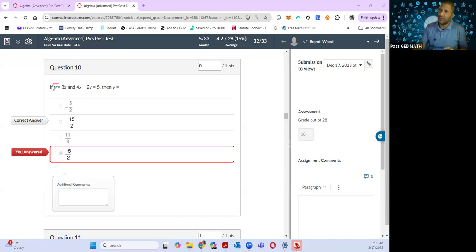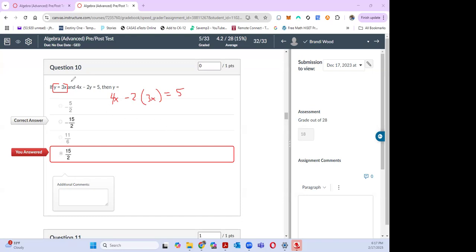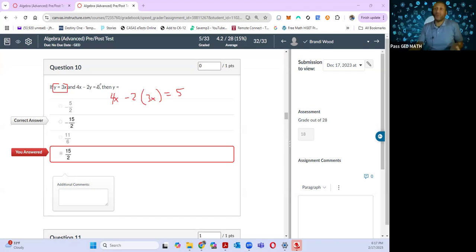They're telling you that y equals 3x. So everywhere I see y, I'm going to put 3x. So 4x minus 2 times y, so y is 3x, equals 5. Understand that? So all we do is substitute. Everywhere we see y, we can put 3x. So 4x minus 6x equals 5.